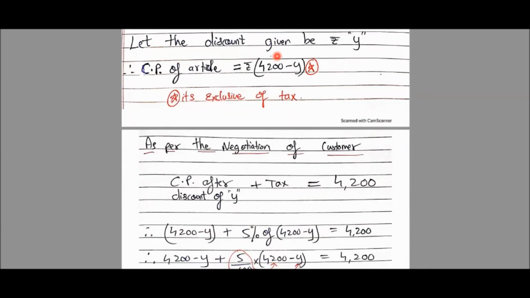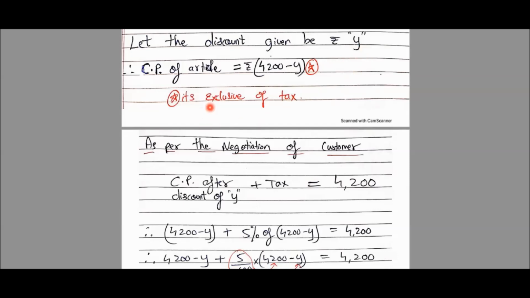Let the discount given by shopkeeper be rupees Y. Why am I considering this alphabet Y? Because X we already took in the previous case. That's the only reason. Therefore, cost price of article for the customer is nothing but 4,200 minus Y, because Y is the discount given by shopkeeper.